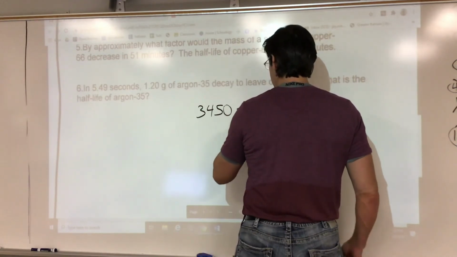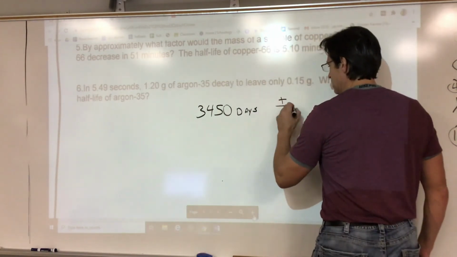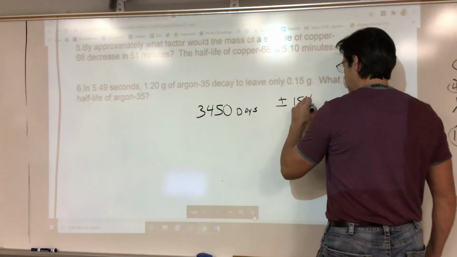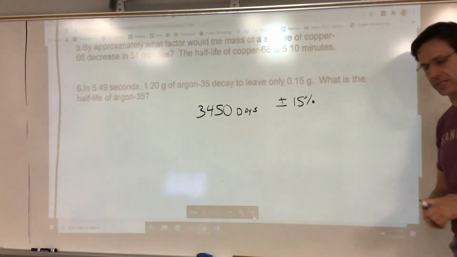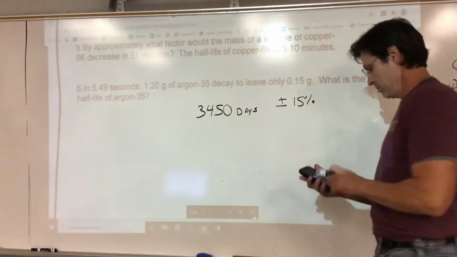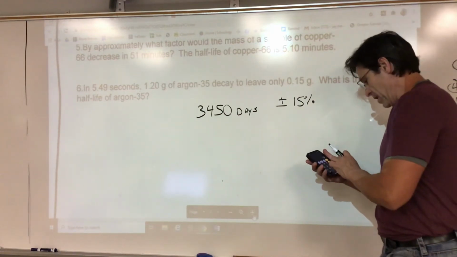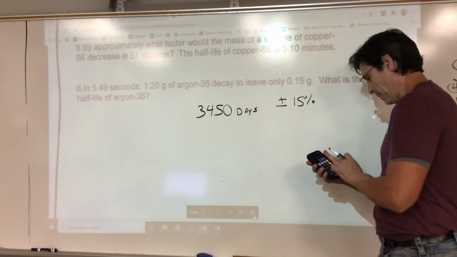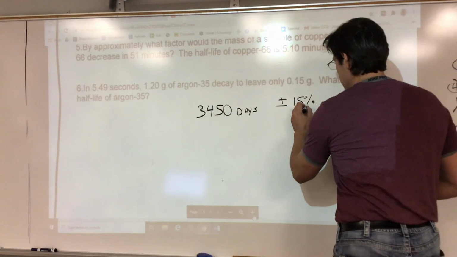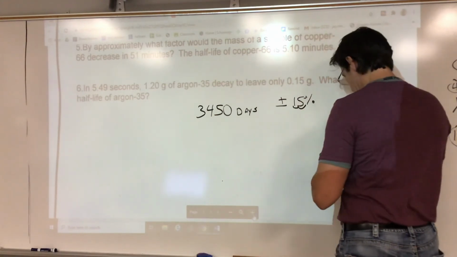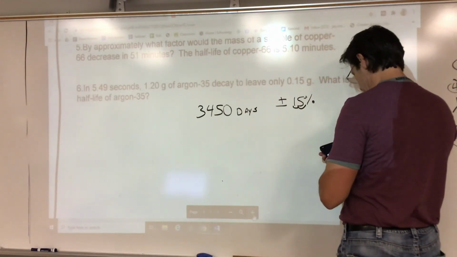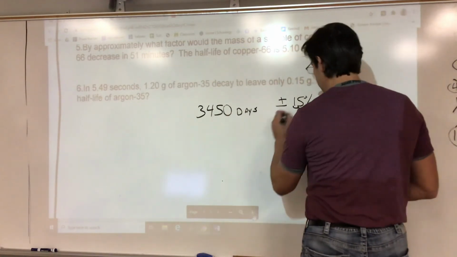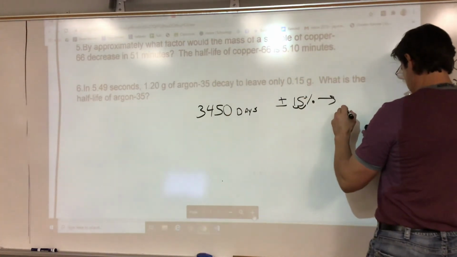I'm just making something up, and I asked for the plus or minus margin of 15%. This is just a little extra bonus practice. So I would turn this into a decimal, times 0.15, which is going to give me 15% of this.